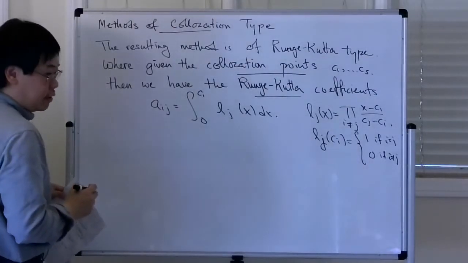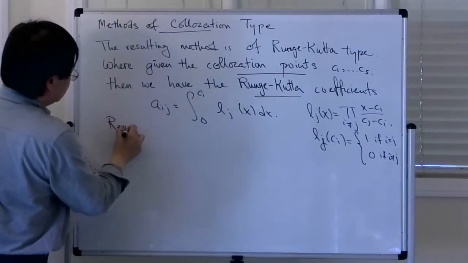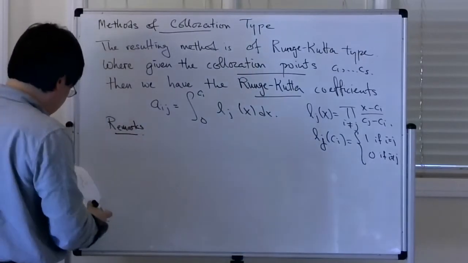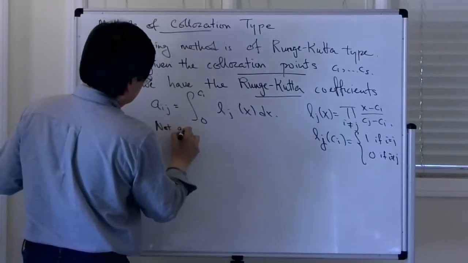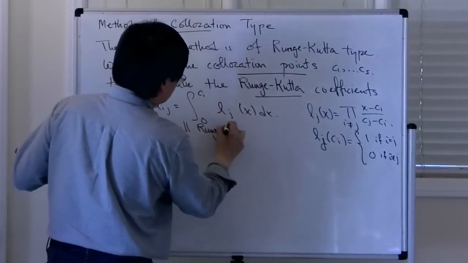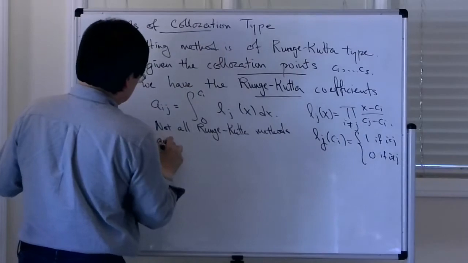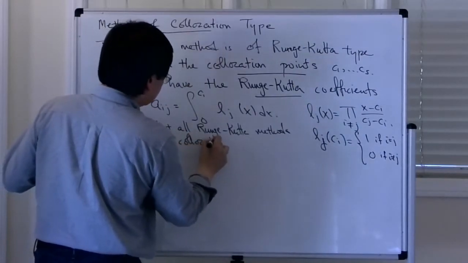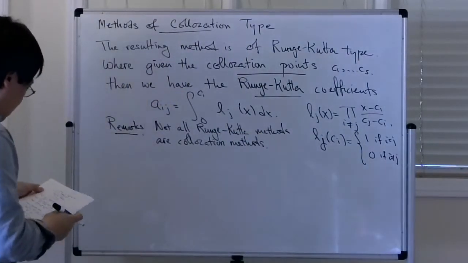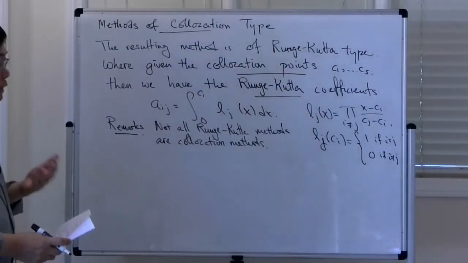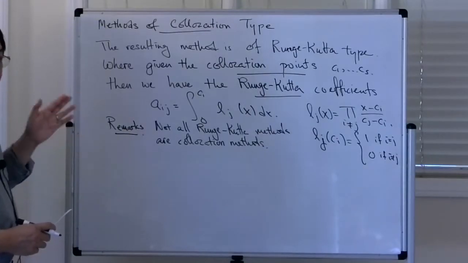So let me just make a few remarks about these collocation Runge-Kutta methods. The first one is that not all Runge-Kutta methods are of collocation type. And it's easy to see this because if you recall, when we looked at this fourth-order explicit Runge-Kutta method, it had a c vector which was 0, 1 half, 1 half, 1.